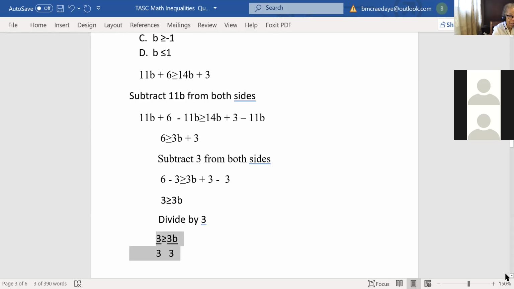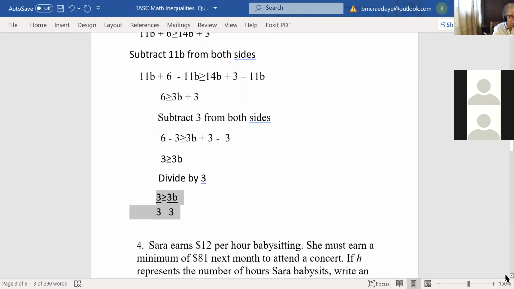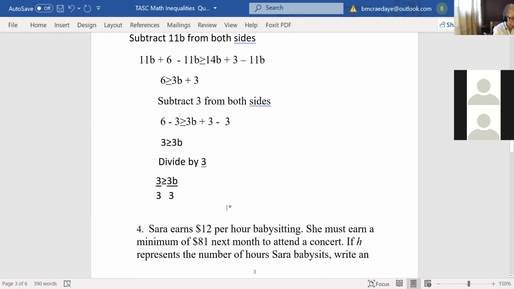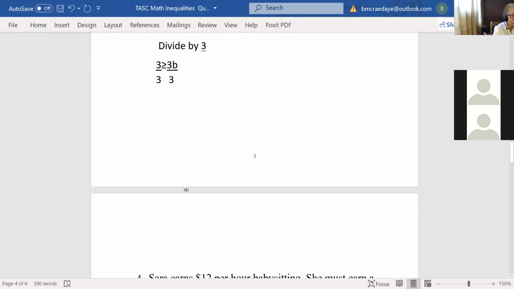Now what do I get on the left side, Vanessa? What's 3 divided by 3? 1. That's it. So I get 1. 3 divided by 3 is 1. And what do I get on the right side? 1b. Very good.